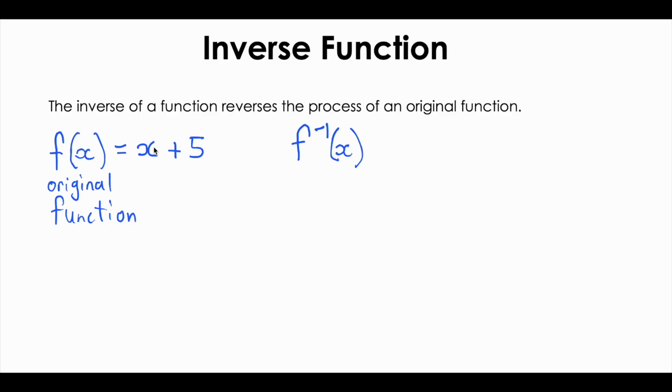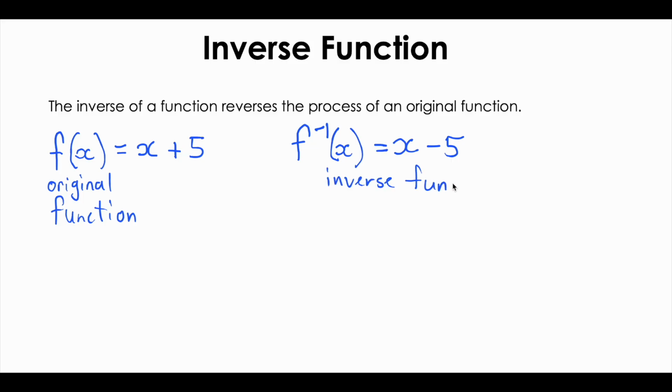Alright, so if I was to reverse this process, instead of saying x plus 5, what would I say? X what? What's the reverse of adding 5? X minus 5.